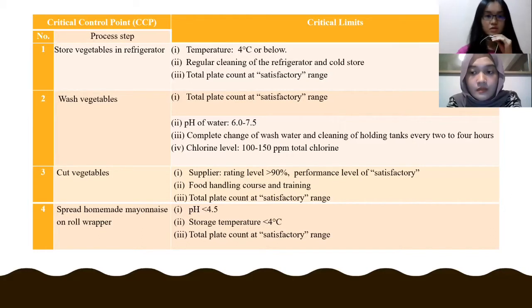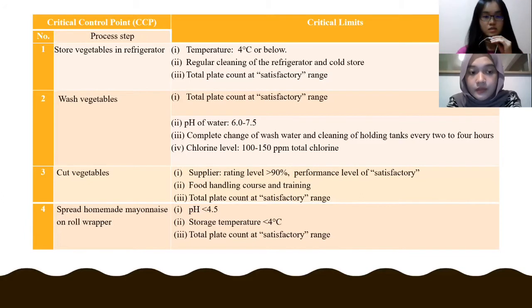The second critical control point is wash vegetables because if the water used to wash the vegetables is not clean, then it will contaminate the vegetables as well. So the critical limit for this CCP is total plate count, pH of water, and the cleanliness of the water and holding tank, as well as the chlorine level of the water.